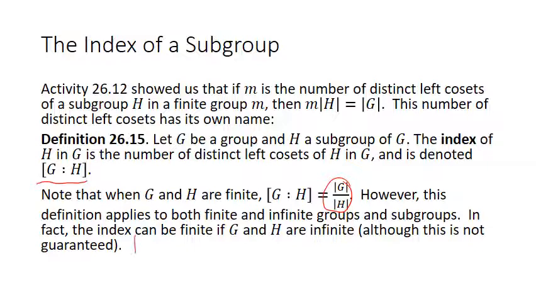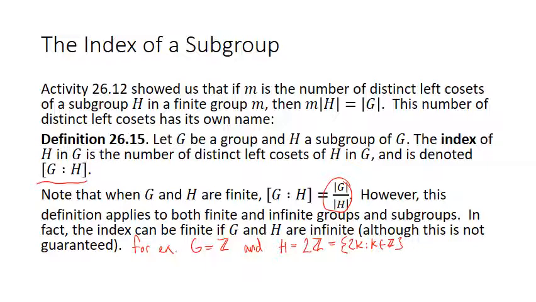So just to follow on from that, I'll give you a quick example. For example, if G is the integers and H is the subgroup 2 times the integers, that's just 2k for all integers k, then the two left cosets that would come from H would be H itself and then H plus 1.